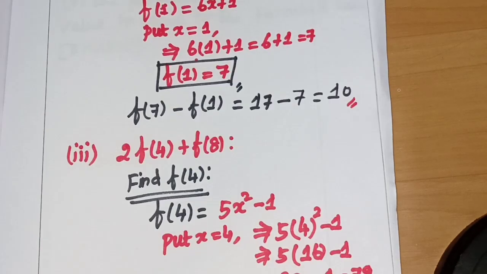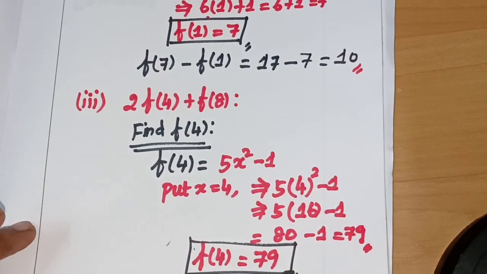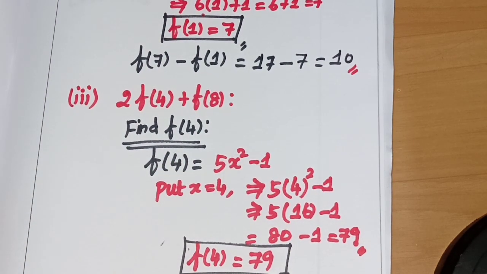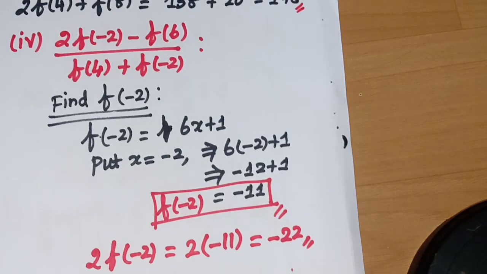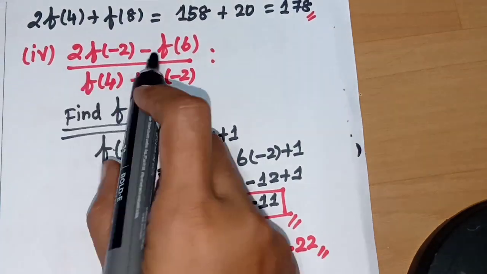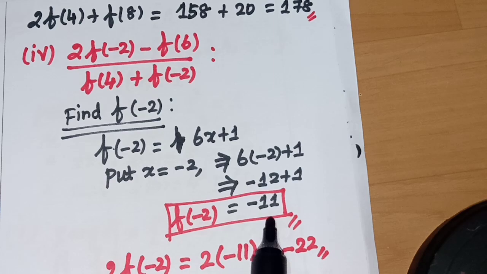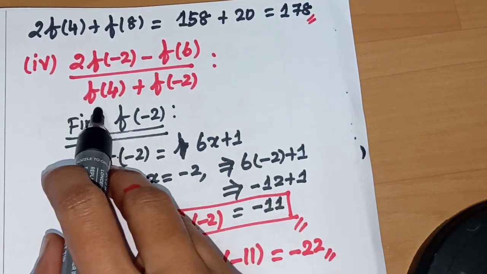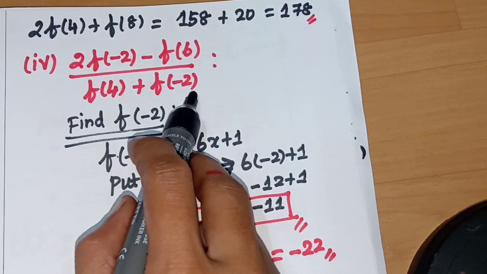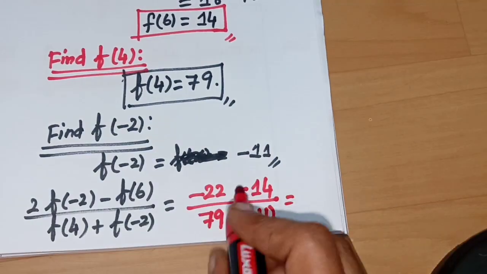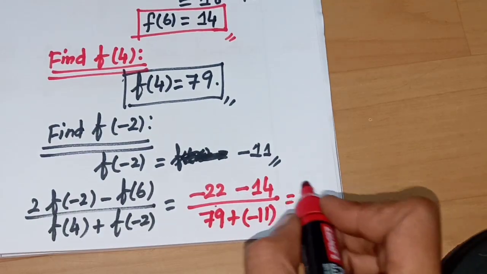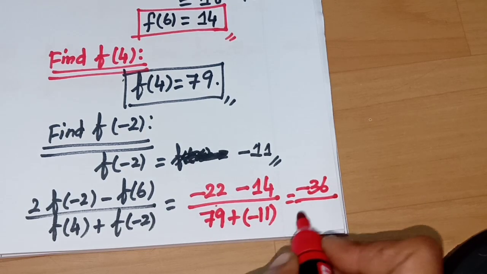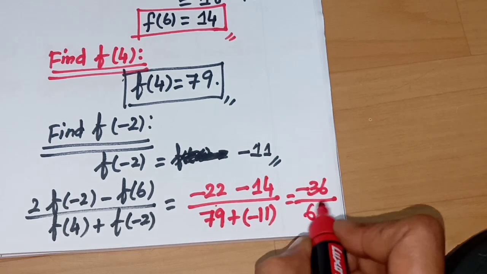Fine. Next to find out. See the third subdivision. F of 4 value is 79. Fourth subdivision. F of minus 2 value is minus 11. 2 into f of minus 2 minus f of 6 divided by f of 4 plus f of minus 2 equal to minus 22 minus 14, minus 36, whole divided by 79 minus 11, 68.